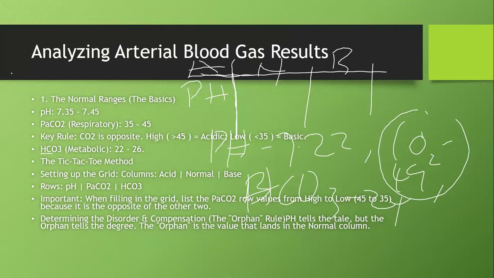True. And we said that carbon dioxide itself is acidic, true or false? True. So if carbon dioxide in itself is acidic, and it is more than the normal, would the carbon dioxide fall under acid or base? Acid.